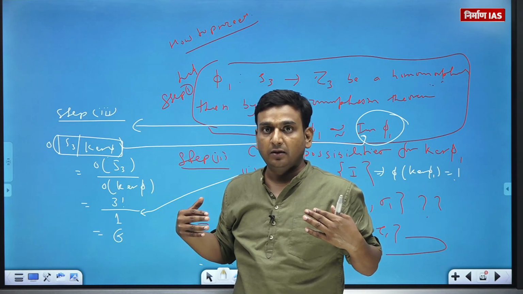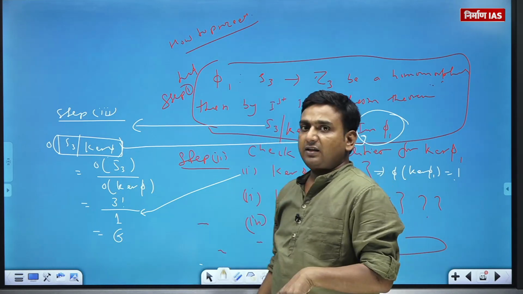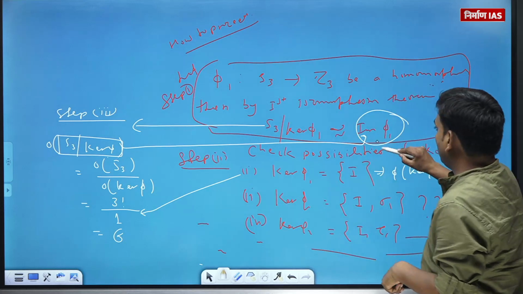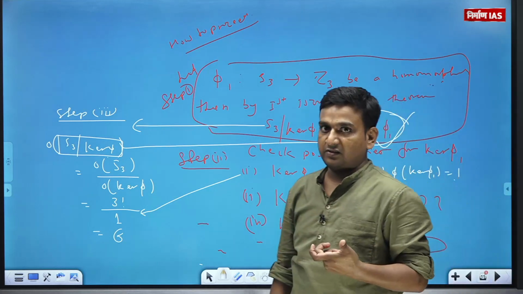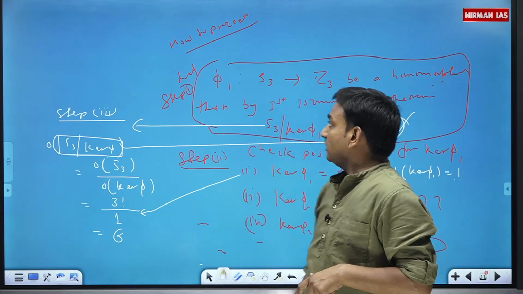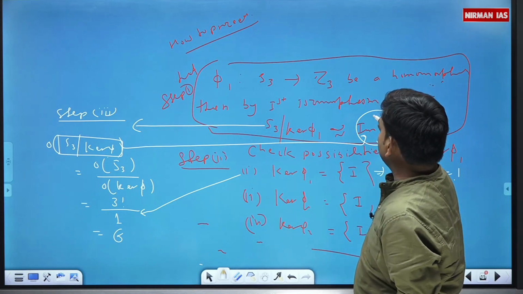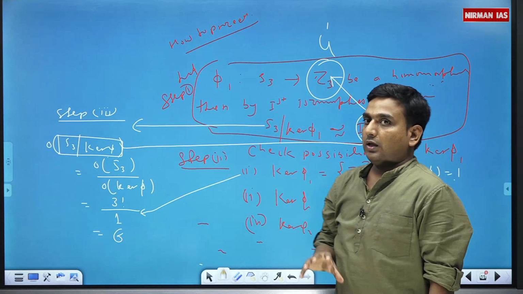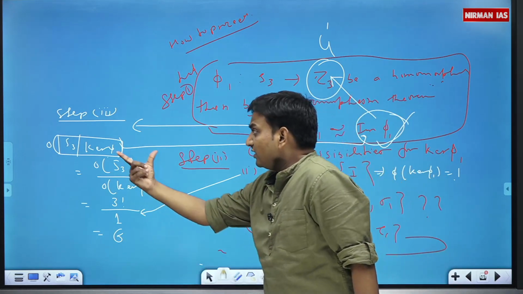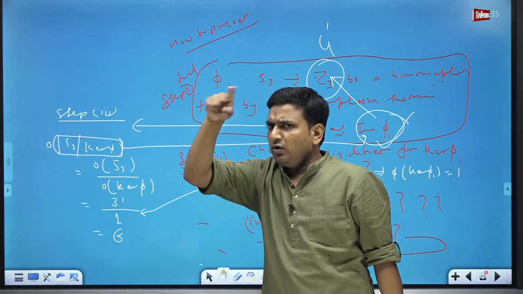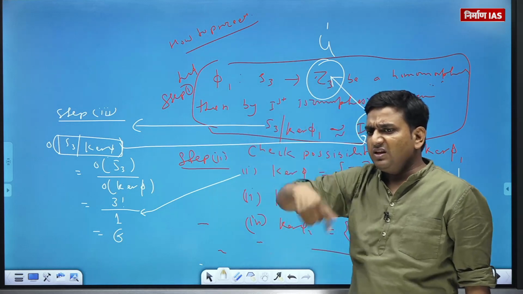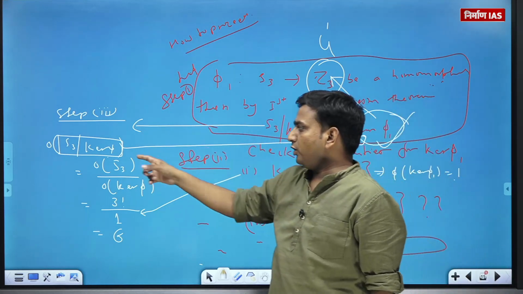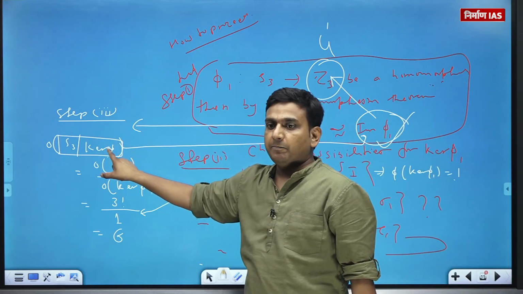You getting my point? Possibility: if this image phi1 is coming from this group, let's say this is G dash, and S3 by kernel phi is isomorphic to image phi, then the order of image phi is going to be possible from this only.